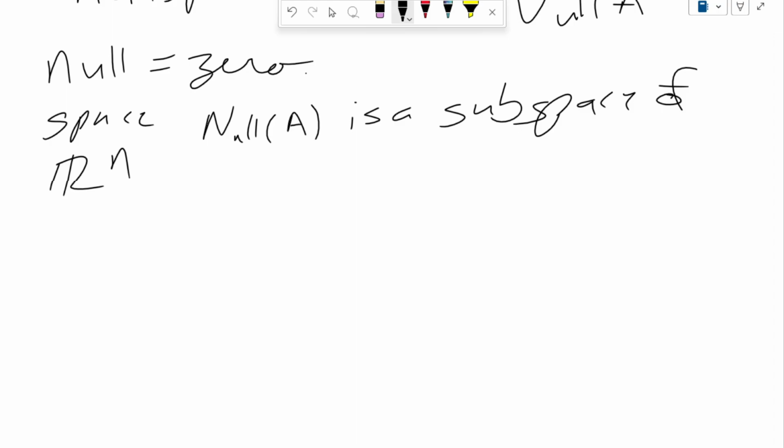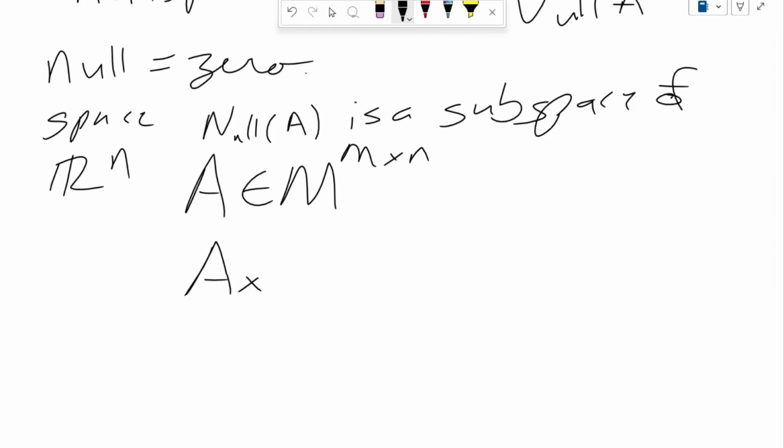Because, right, we have A being an m by n matrix, which means that if we have Ax = 0, then x is in R^n. And so it's the set of all solutions in R^n.